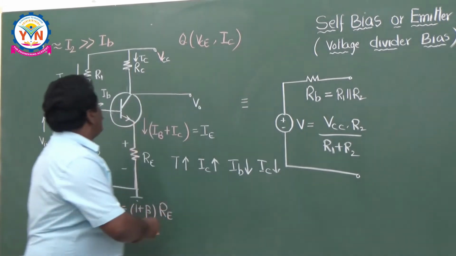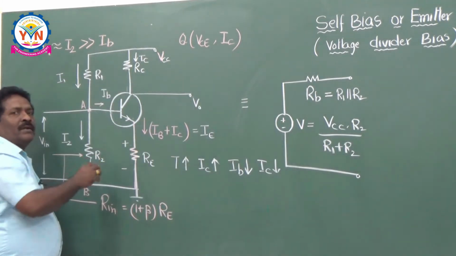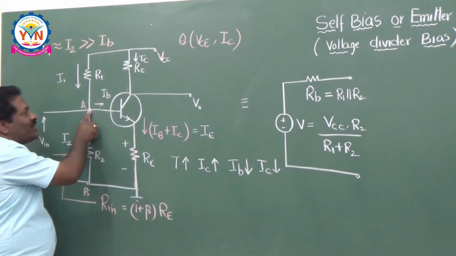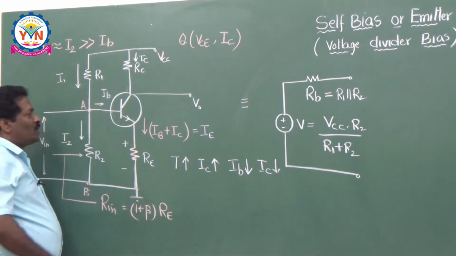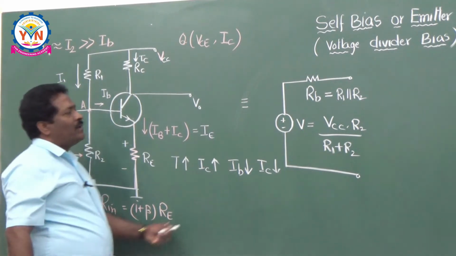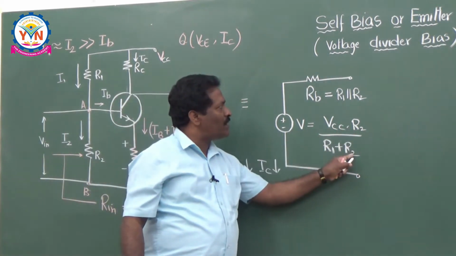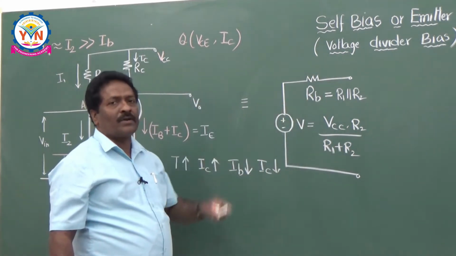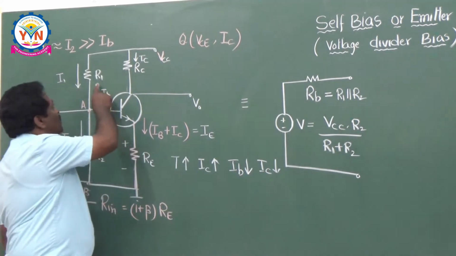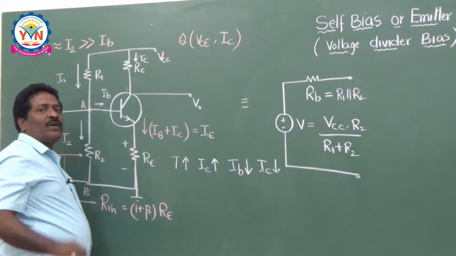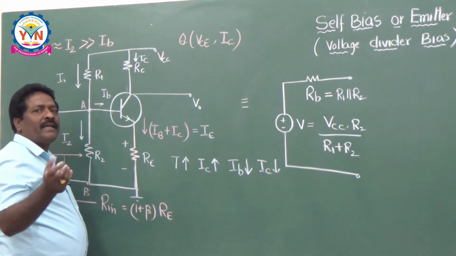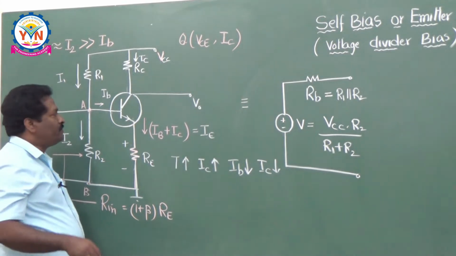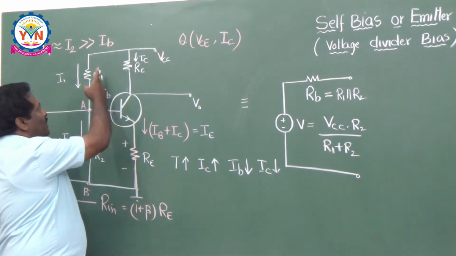So the input side totally you can convert into a Thevenin source in series with a resistance. The source is nothing but VCC into R2 by R1 plus R2, and the base resistance is R1 in parallel with R2. As soon as you are seeing the values of R1 and R2, you have to calculate the base resistance by taking the parallel resistance formula, and the voltage means it is a voltage divider network.